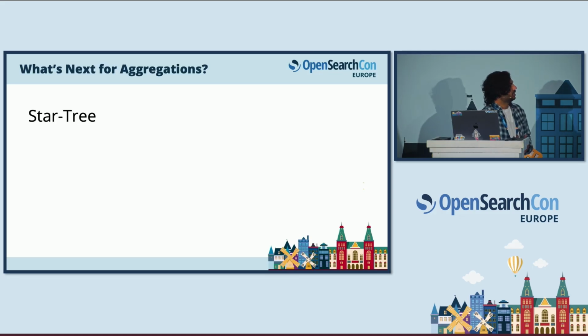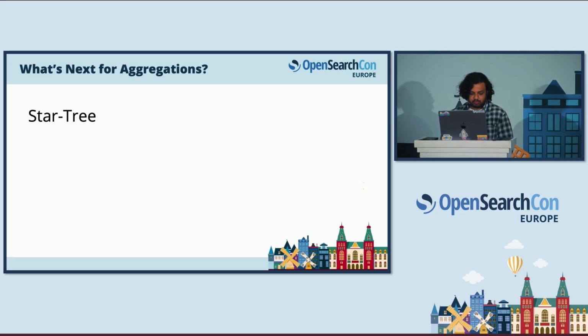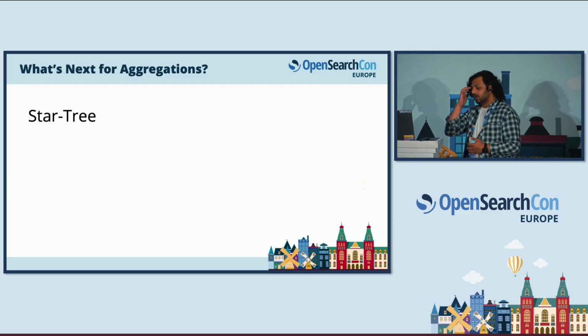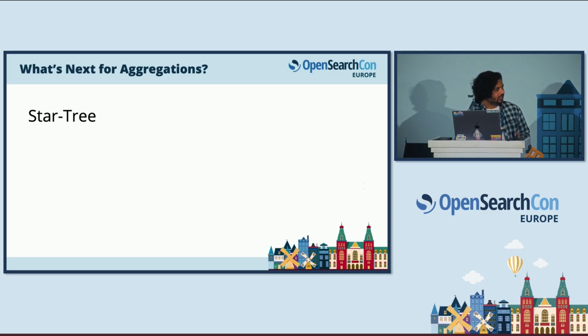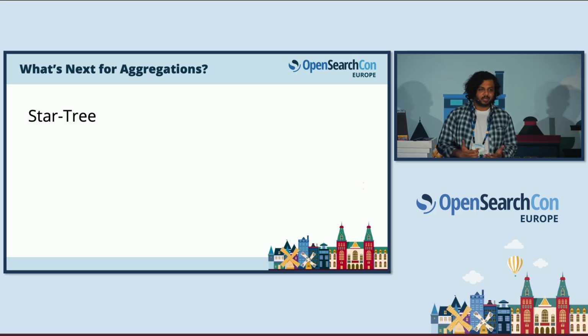That's where we go on to what's next for aggregations: star tree. This talk is not about star tree, so I'm just giving a very brief introduction. Star tree is a new composite index that we introduced as an experimental feature.